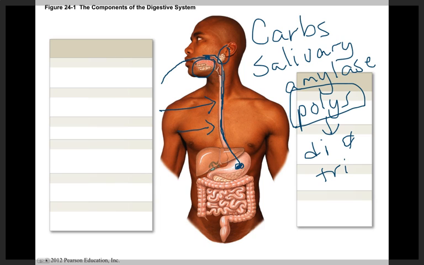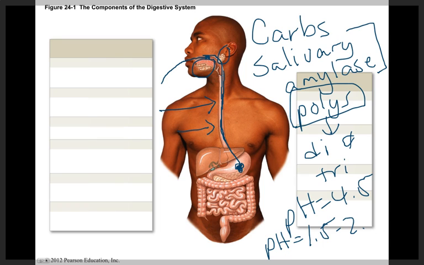Now, in the mouth and in the esophagus, the pH was about 4.5, and that's a good pH for this salivary amylase to work. But once we reach the stomach, there's a lot of other acids in there, and the pH will drop to 1.5 to 2.0. This happens to be too acidic for the salivary amylase to continue working, so we get a halt of the carbohydrate digestion in the stomach. So it stops.